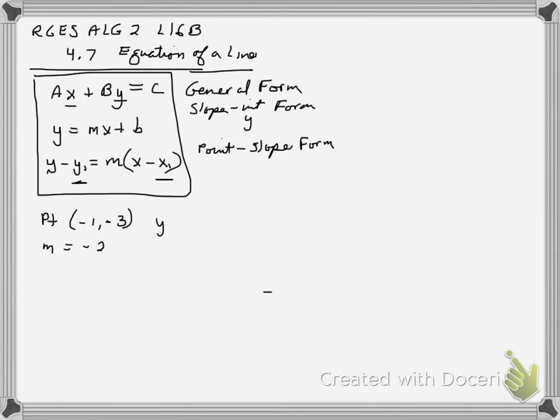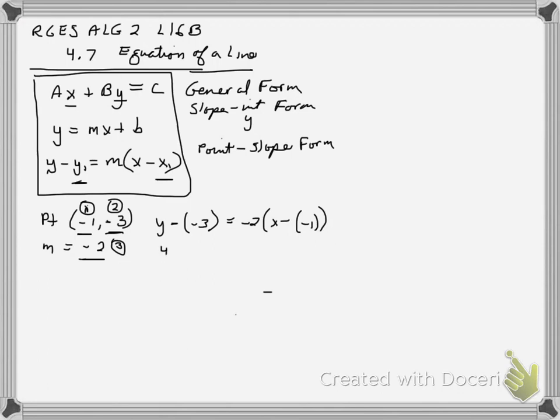I would say y minus, what's the y value? -3 equals m, what's the m value? -2, times x minus, what's the x value of the point? -1. So I'm plugging in three values into my last equation above.